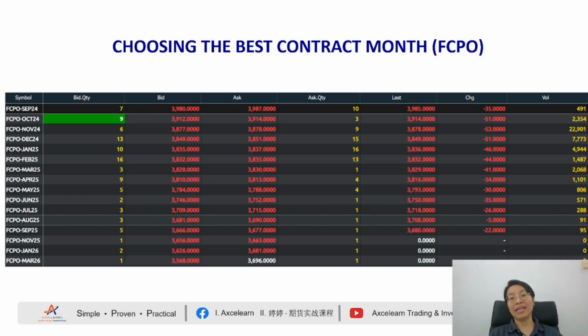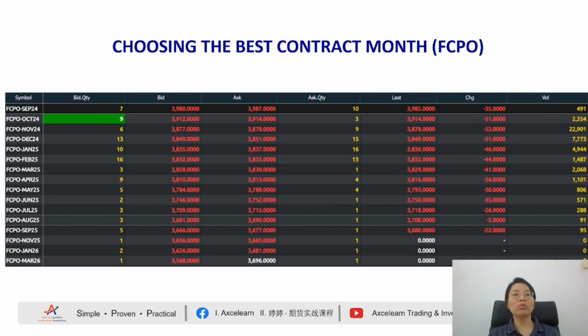The answer is yes, because you do not need to roll over. You can reduce your rollover cost. If your number of contracts is not too high, you do not need to roll over November to December, January, February, March, April, May. You do not need to go through that particular process. You can directly go with May. You can save a lot of your rollover costs.